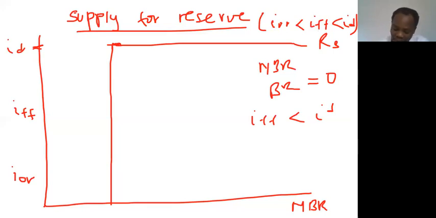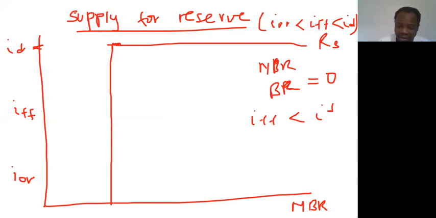Once the borrowed reserve is equal to 0, the reserve in this case represents entirely the non-borrowed reserve. So at any point where the federal fund rate is lower than the discount rate, our borrowed reserve is 0, because banks would not borrow from the central bank. That means the reserve in this case represents non-borrowed reserve, and that is why it is having this shape.